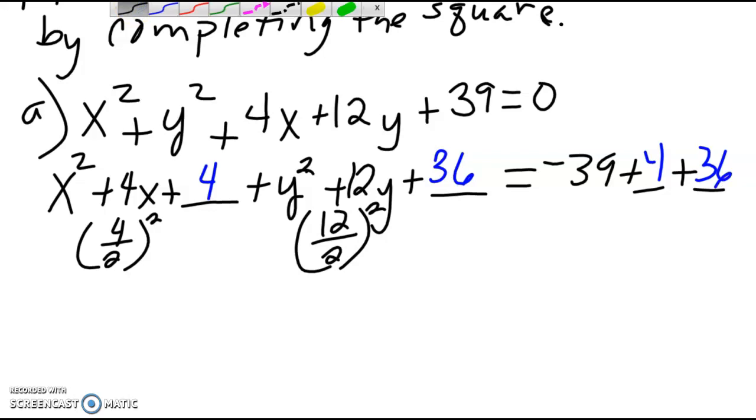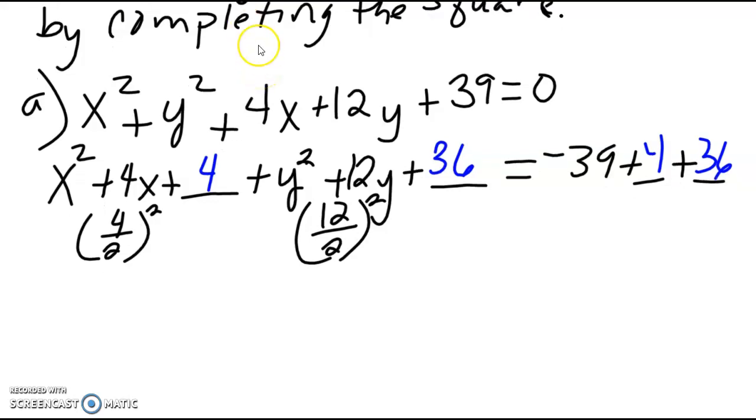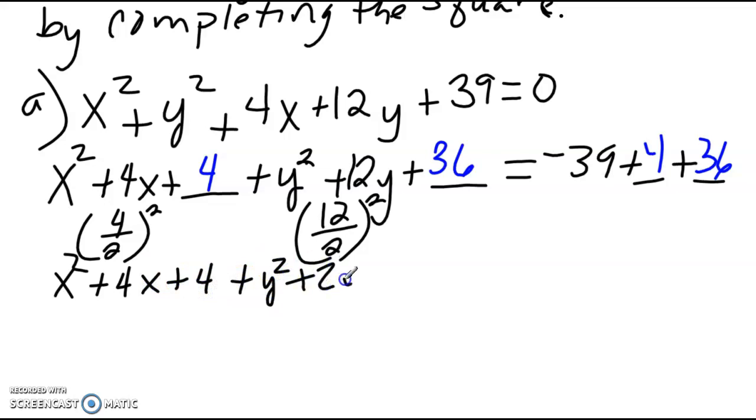All right, Tess, next step. Simplify that. Okay. So that gives me x squared plus 4x plus 4 plus y squared plus 12y plus 36 equals 1.